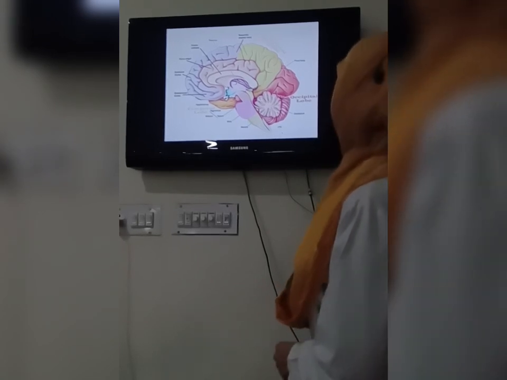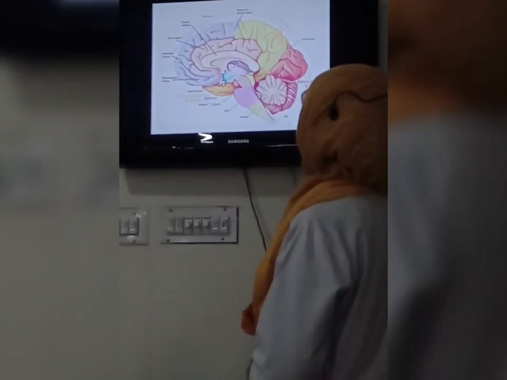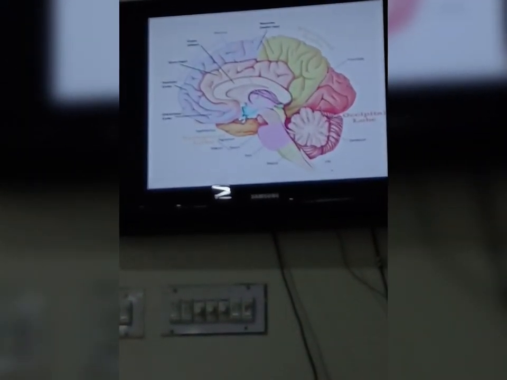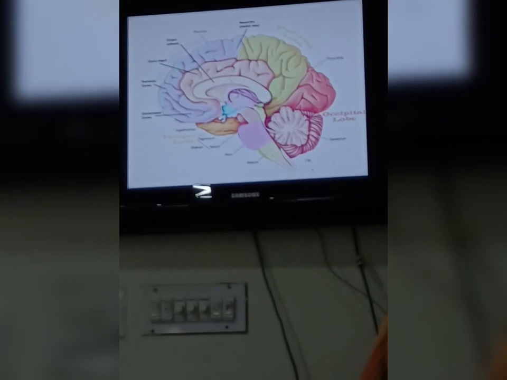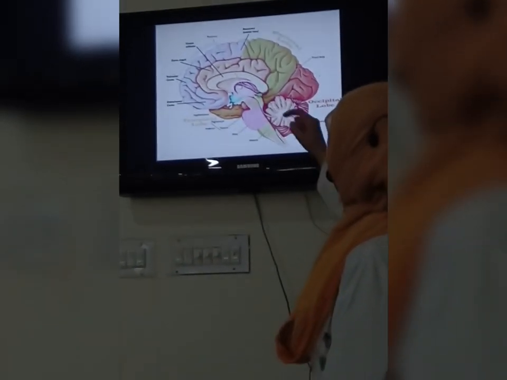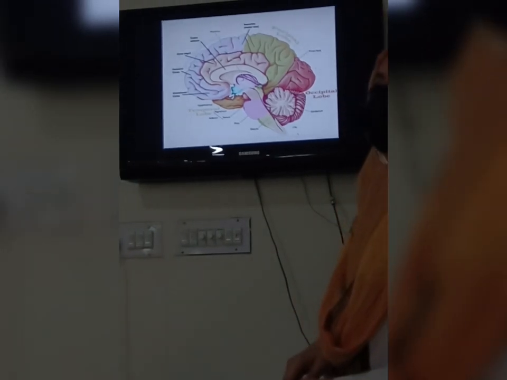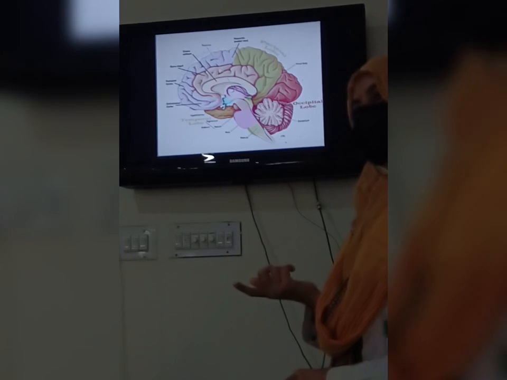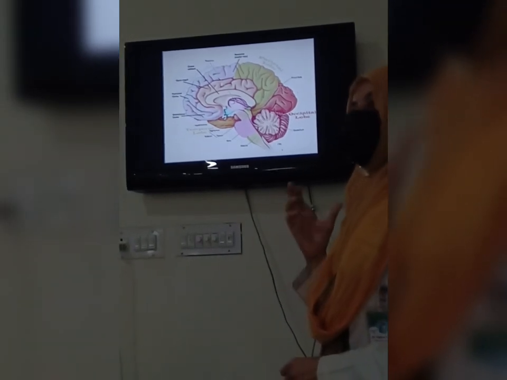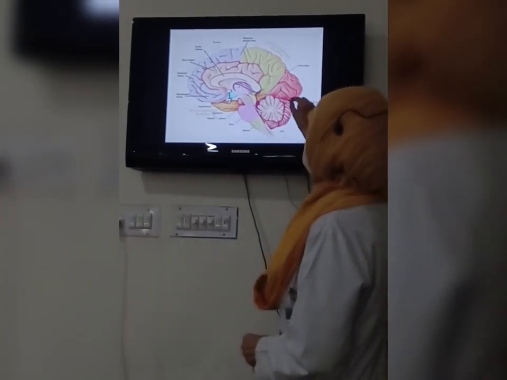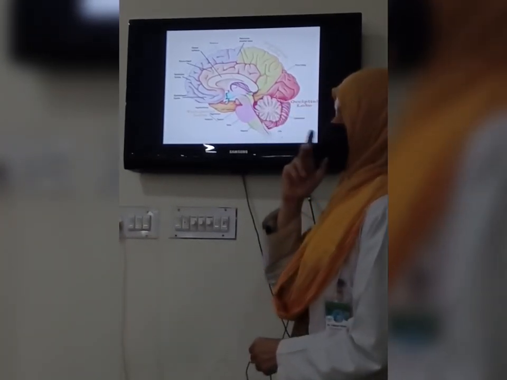And of course, as we mentioned in the cerebral cortex, that it also gets some deep-seated gray matter like basal ganglia, right? So again, in the cerebellum, we have got deep-seated cerebellar nuclei, right? In general, the gray matter is on the outer side, the white matter in the center, but you get deep-seated cerebellar nuclei.